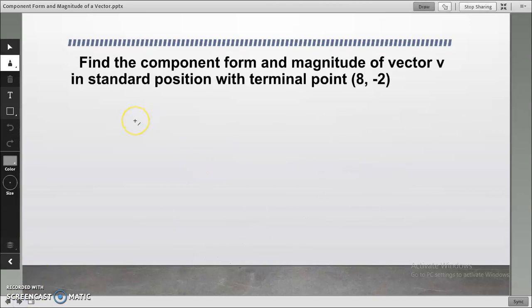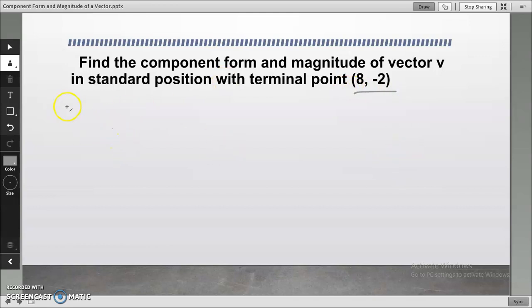All right, let's do another one. It says find the component form and the magnitude of vector v in standard position. So we're going to use the actual formula for finding it. However, remember that the actual definition told us that if it's in standard position, then the actual component form is that terminal point, right?